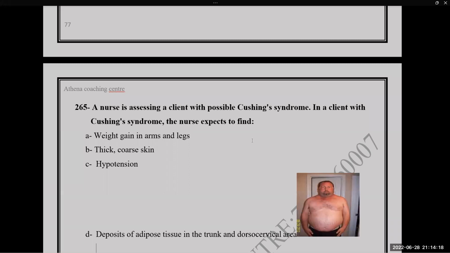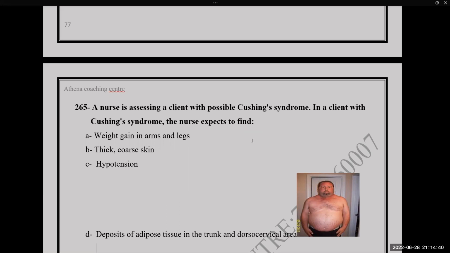There will be pendulous abdomen. You can just look at the picture. Pendulous abdomen. Look, the abdomen looks like a pendulum. And look at the face. It is moon face. And on the back there will be buffalo hump. Same way, please look at this abdomen.